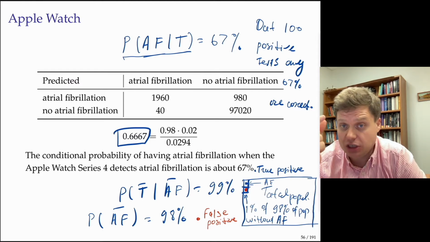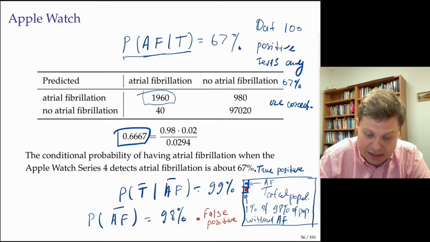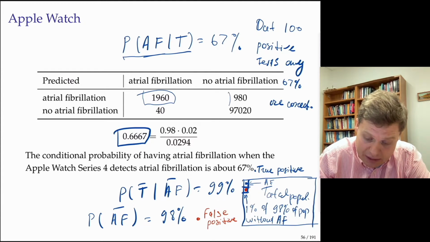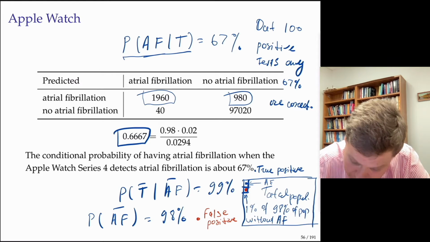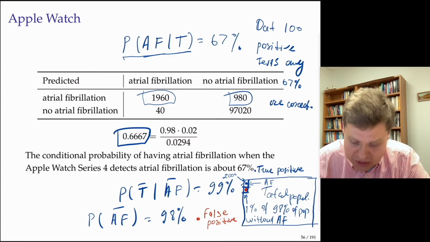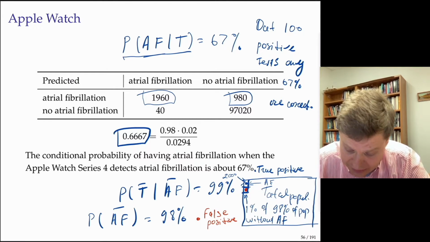And if you look at the sizes, you will see that arterial fibrillation was correctly predicted in 1960 cases. So the size of this square is 2,000, and out of these 2,000, 40 people were missed, and most of them, 1960, were correctly identified.